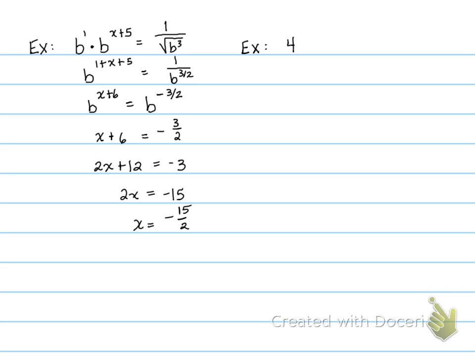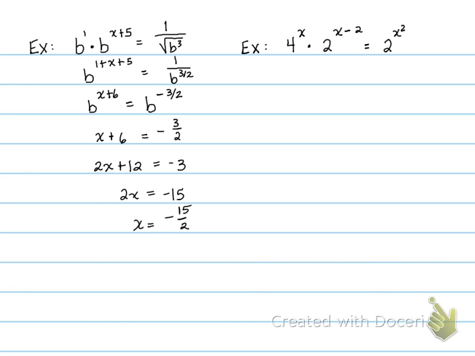So 4 to the x times 2 to the x minus 2 equals 2 to the x squared. So again, to relate bases, I'm going to do prime factorization of all the bases of those exponential expressions.